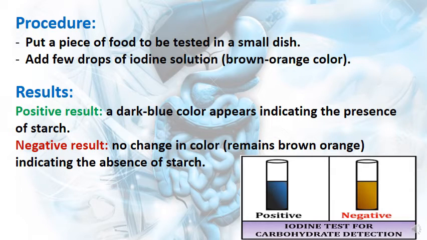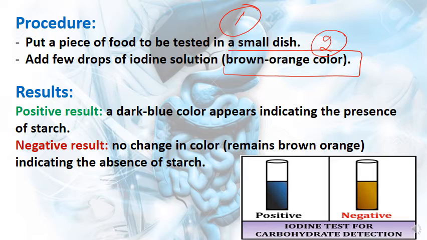What is the procedure? Number 1, we put a piece of food to be tested in a small dish. Then, step number 2, we add a few drops of iodine solution. The iodine solution has a brown to orange color. What are the results? If we have a positive result, we have a dark blue color.